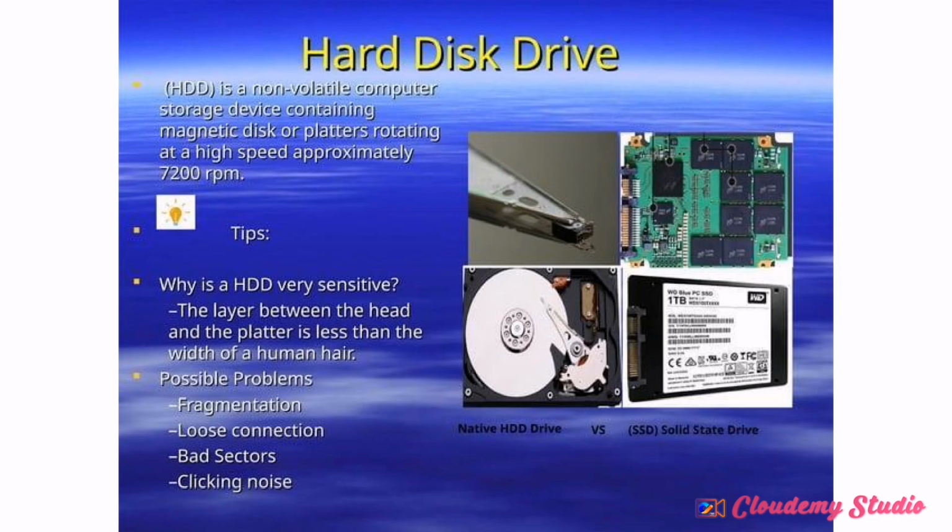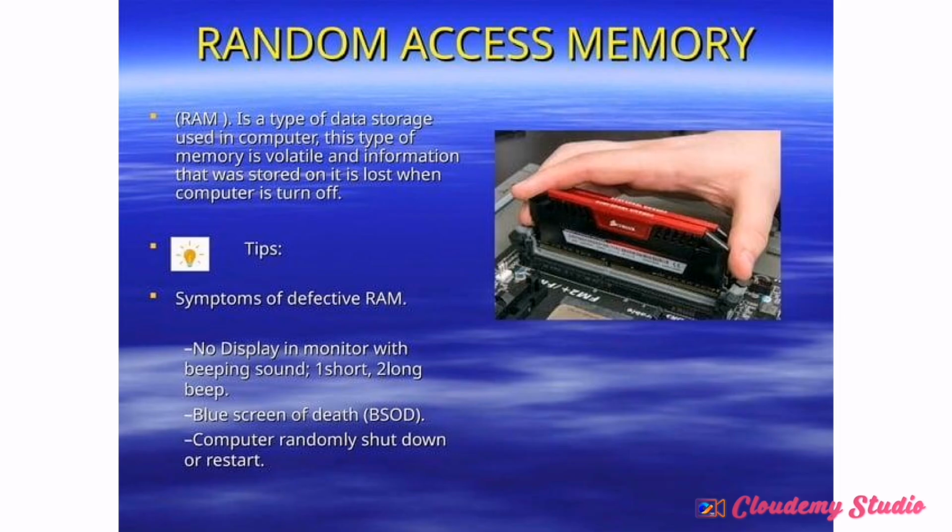In the next lesson when we meet, we are going to discuss the hard disk drive. For now we are going to end here, and in the next class we are going to talk about the hard disk drive, RAM, that is random access memory, then ROM, that is read-only memory.